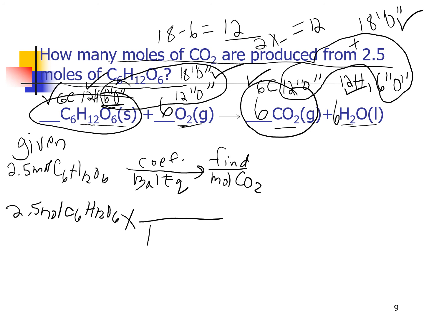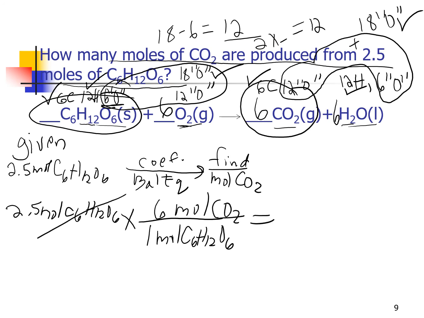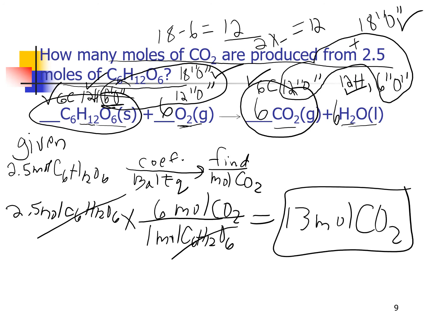So 1 mole of C6H12O6 goes at the bottom, and that's equivalent to 6 moles of CO2. Moles of C6H12O6 cancels, so we have 2.5 times 6 gives me 15 moles of CO2.